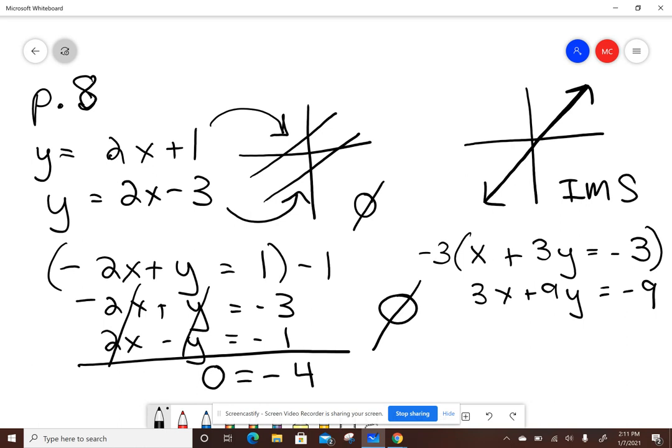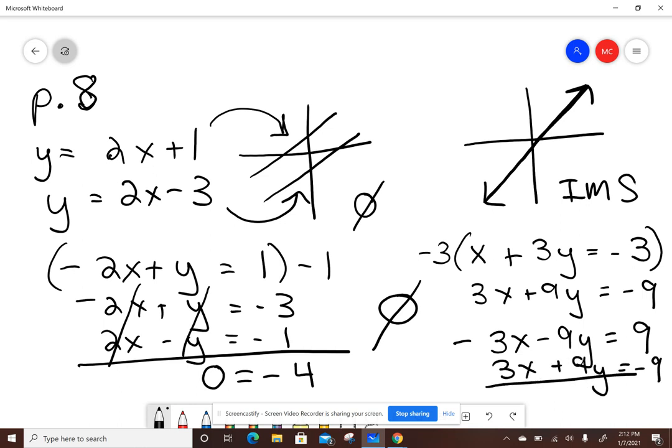And what happens when I multiply the top equation by -3? I end up with -3x minus 9y equals 9. And this is 3x plus 9y equals -9. When I add them together, everything eliminates, and I end up with 0 equals 0.